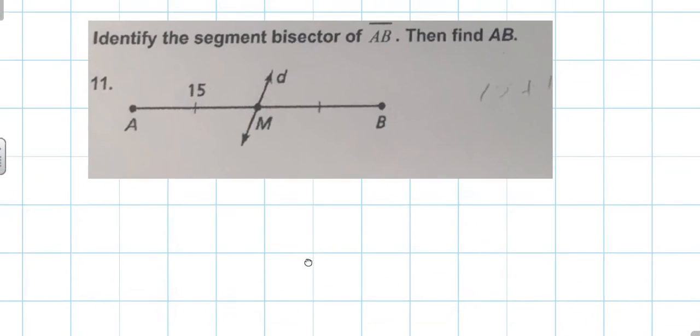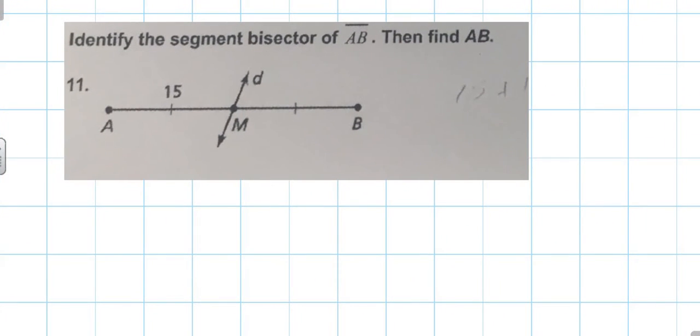The last one here, it says identify the segment bisector of AB. So let's just trace AB. And then you're going to find the length of AB. See, notice it doesn't have a segment symbol here.